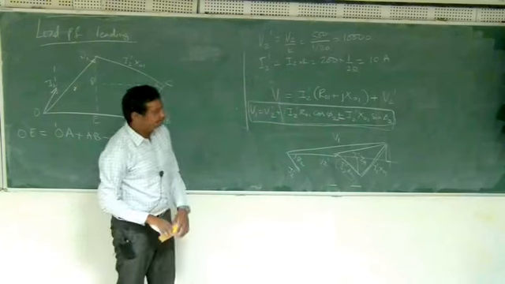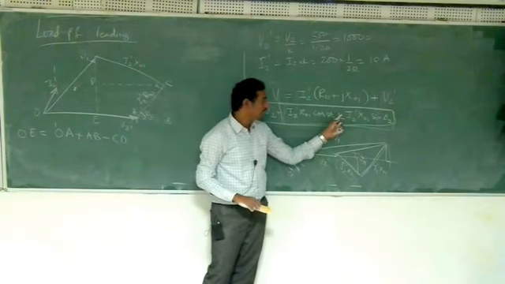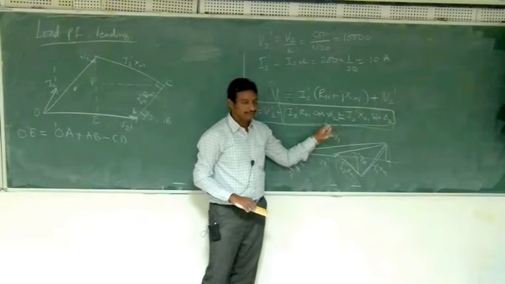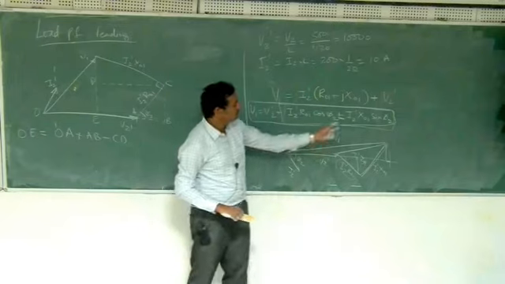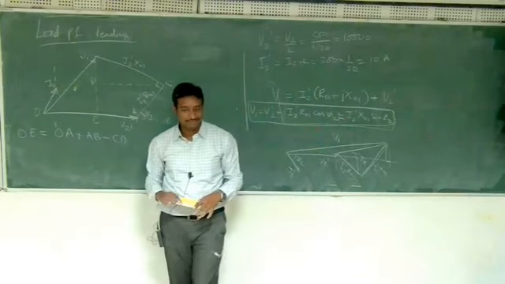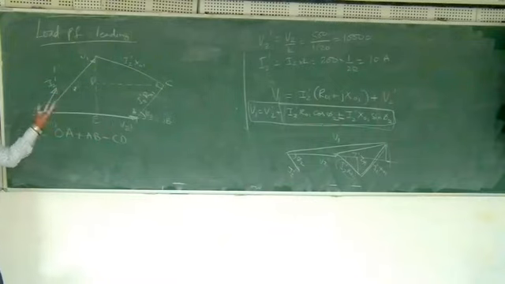So, for this approximate voltage drop, you have to be careful whether to use plus or minus. You will use minus in the case of leading power factor load, and you will use plus in the case of lagging power factor load. So, that's all. Just know it from this diagram itself.